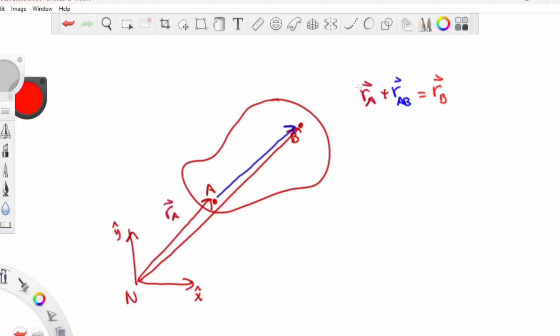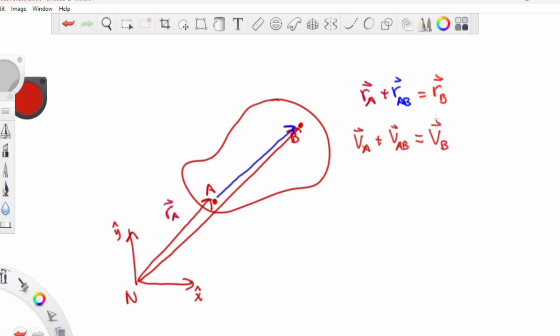That means that we can describe the position of point B if we know the position of point A and we know the relative position of point B with respect to A. If we were to compute the derivative of this equation, we would have the same relationship but with velocities. So we have VA plus VAB equals VB.